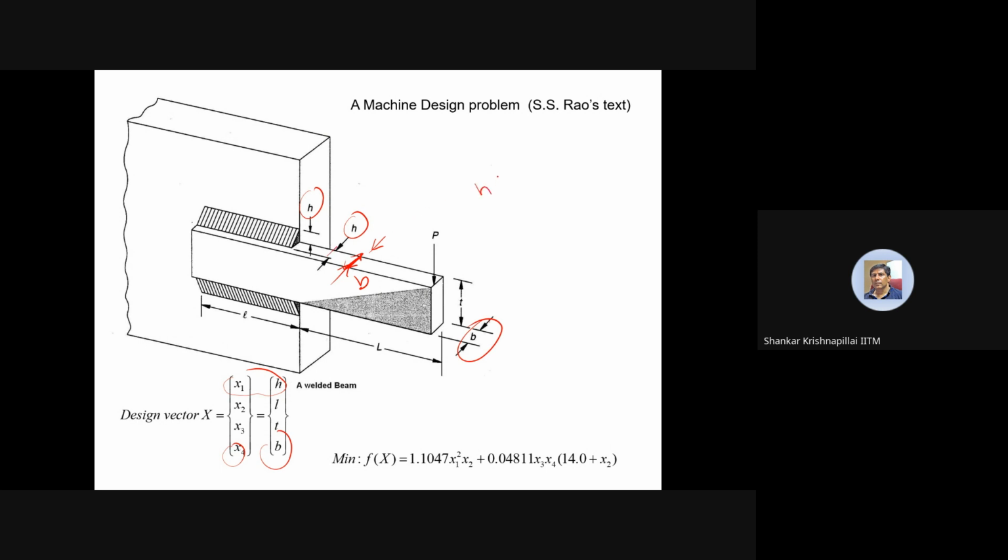So h should be less than or equal to b. That is the meaning of x1 minus x4 less than or equal to 0. Then this probably means that delta x, the tip deflection of the beam, must be less than the allowable tip deflection of the beam. So these are the various constraints.